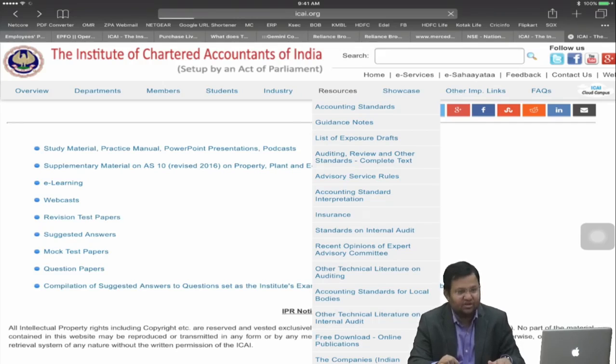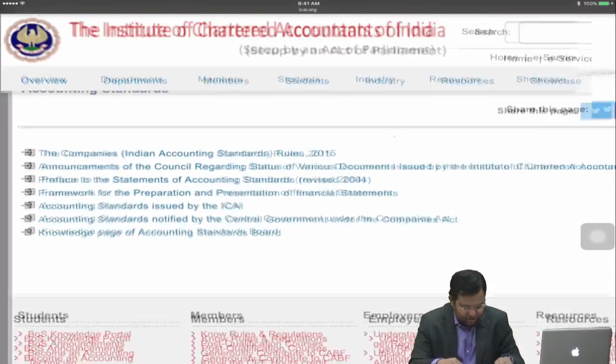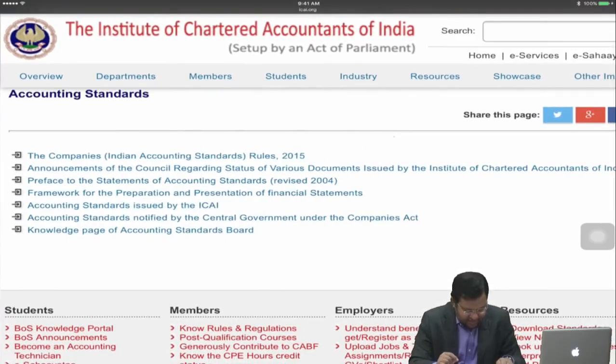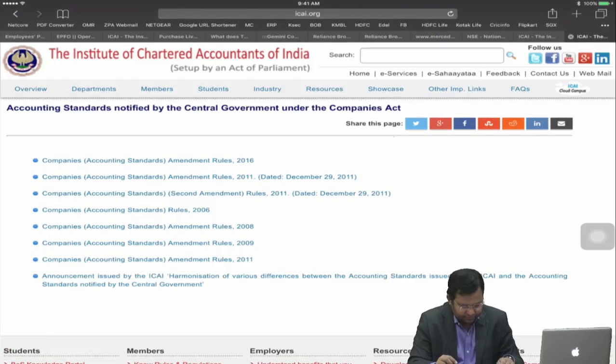All the standards and the bare text are given in the accounting standards part. So among the resources on ICAI's website, there is accounting standards. Within accounting standards, there are multiple things. You should look out for accounting standards notified by the central government under the Companies Act at the bottom. Within that, there are the Accounting Standard Rules, Amendment Rules 2016.